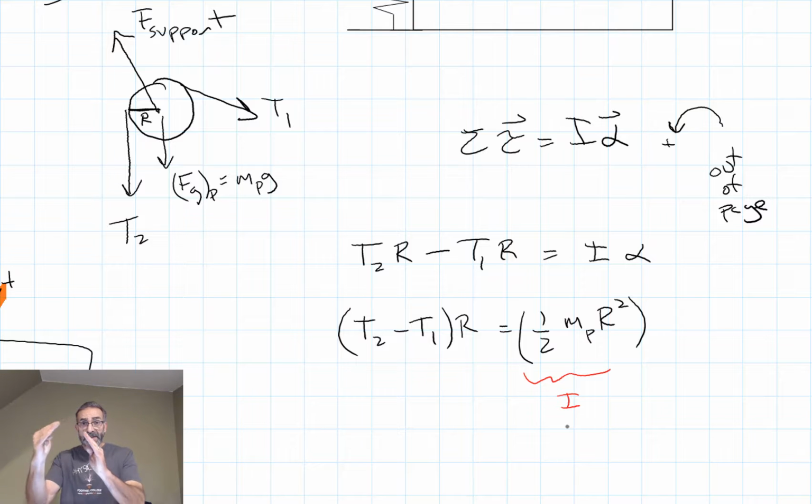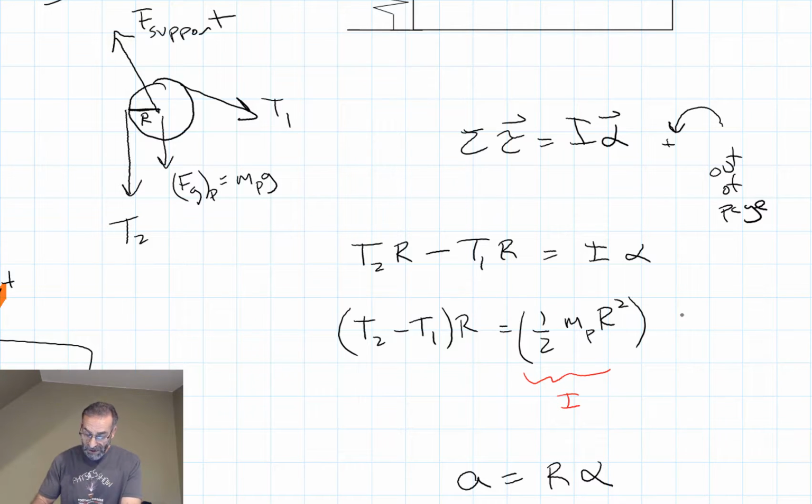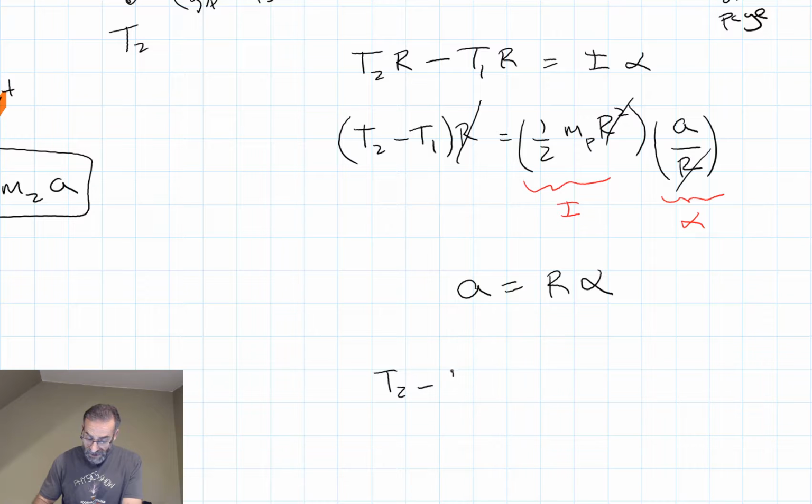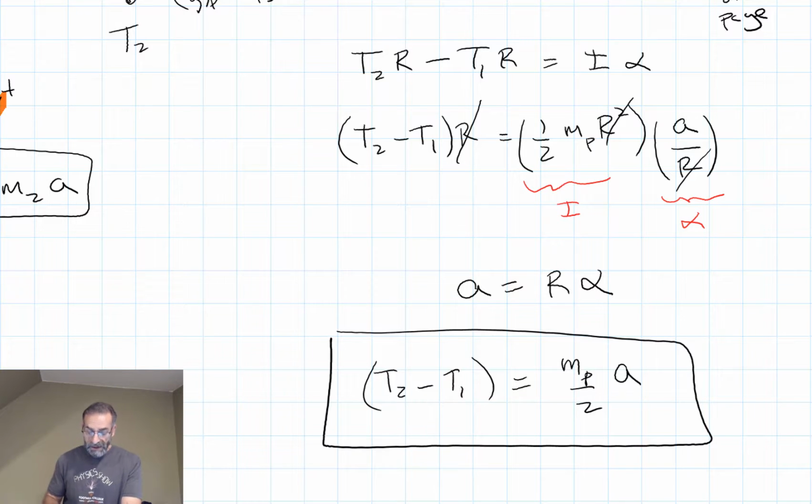So what's the tangential acceleration at the rim of the pulley? It's R alpha. So I can substitute in here A over R for alpha. When I do that, the R's all cancel out, and I get T2 minus T1 is M pulley over 2 times A, and that's my third equation.